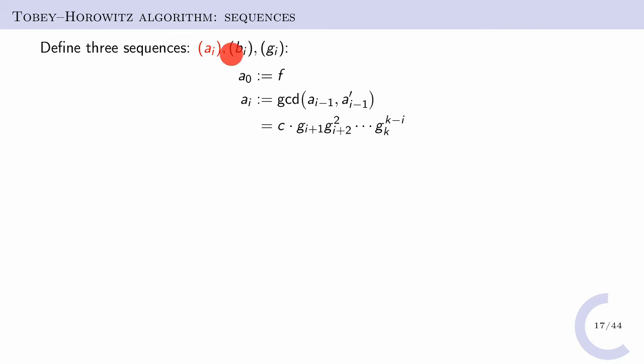Now we take the second sequence, b_i. b_i is defined to be a_{i-1} over a_i. And again, we can compute how much it is.